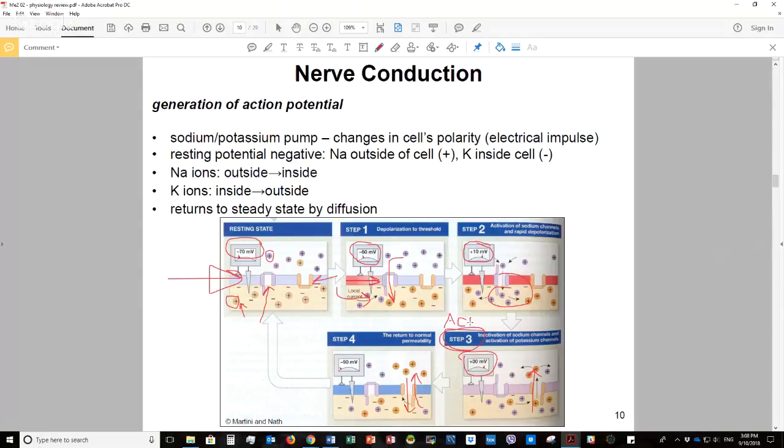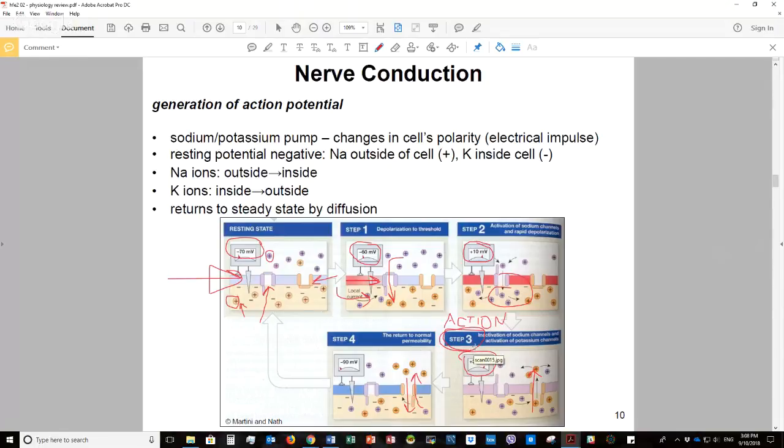Before we reach that stage, no signal will be sent. We have to reach this for there to be an action. If we can reach this of plus 30 or plus 40 millivolts, then the signal will send. It will continue down the line. If not, then this impulse will kind of die out, and it'll never reach the end.